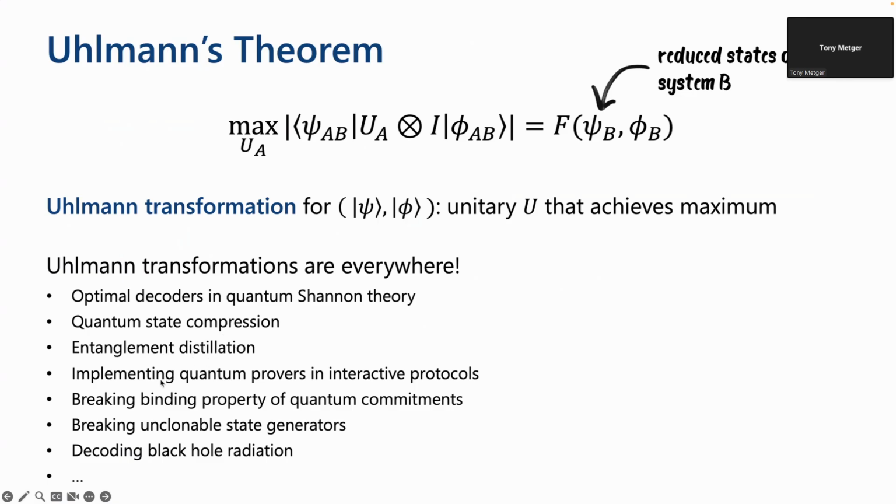If I have any quantum interactive protocol, like a QIP protocol, the provers I can always view as just implementing Uhlmann transformations. So I purify the protocol. Breaking binding and quantum commitments is implementing an Uhlmann transformation. Breaking these unclonable state generators is. Even decoding Hawking radiation is really just an Uhlmann transformation. So really everything is an Uhlmann transformation, is the point.